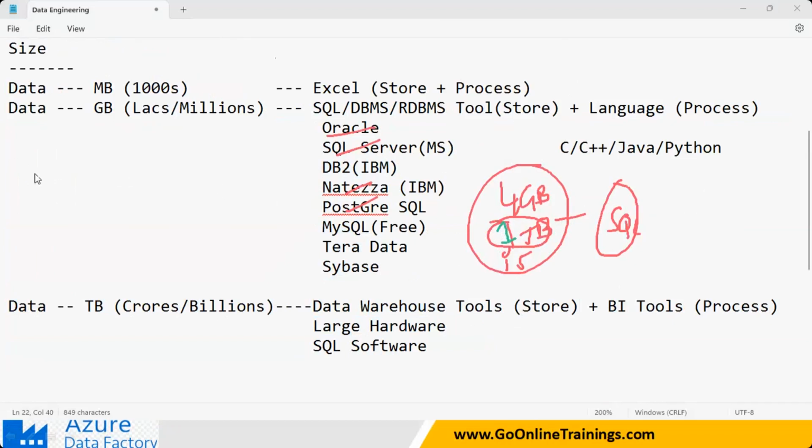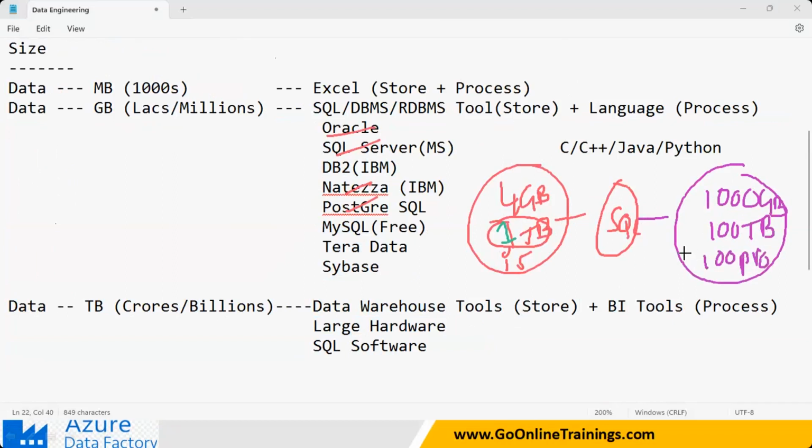But if I go in for, let us say, a large hardware, I'm going to be buying 1000 GB of RAM, 100 TB of hard disk, not only 1 TB, and I'm going to be using 100 processors, not only one processor.